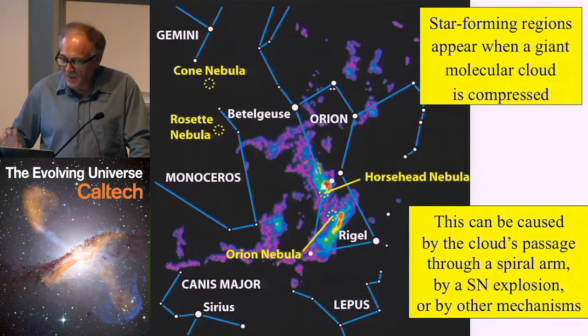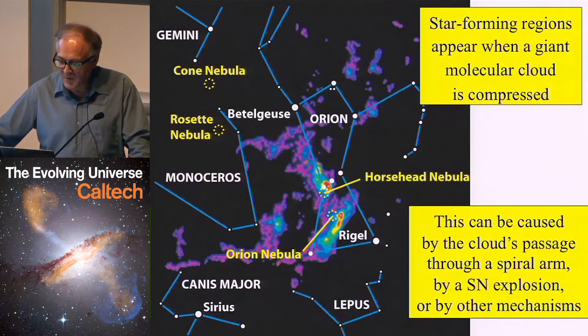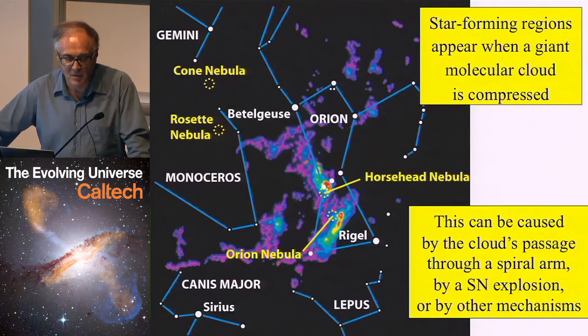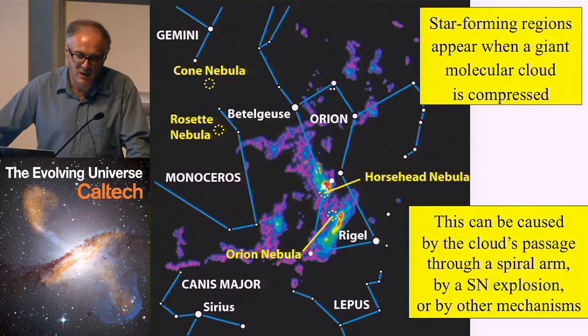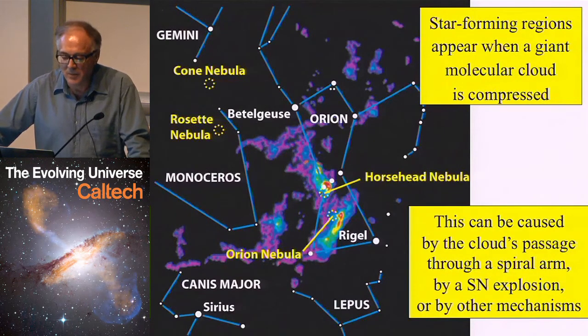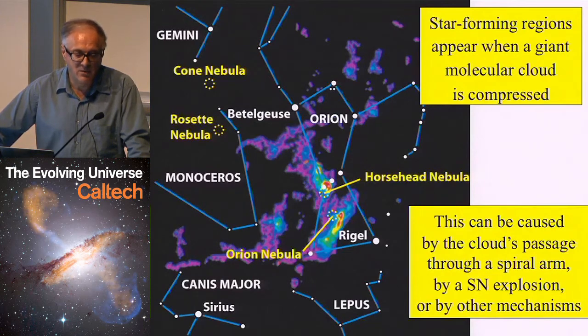So we now know from direct observations that star formation, like the Orion Nebula, famous picture of it, is always associated with giant molecular clouds in all galaxies near us. This need not be the case with the very, very first stars and galaxies of high redshift, but for most of the observed universe, this is a correct statement.